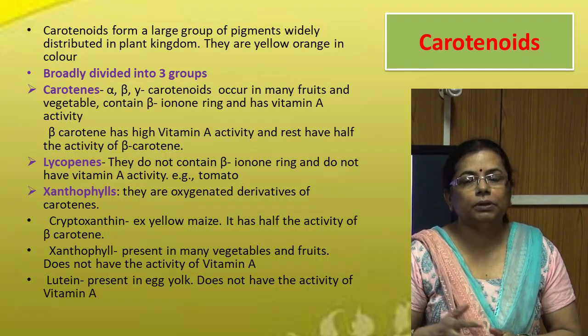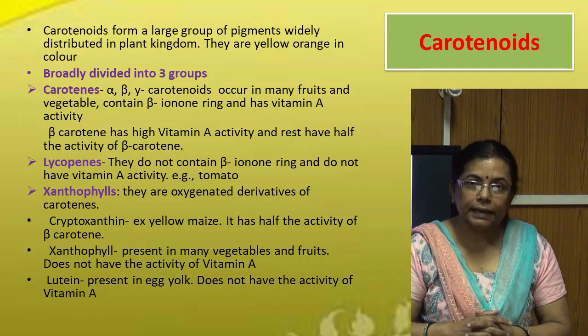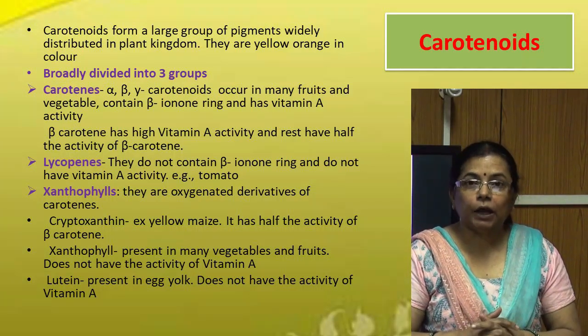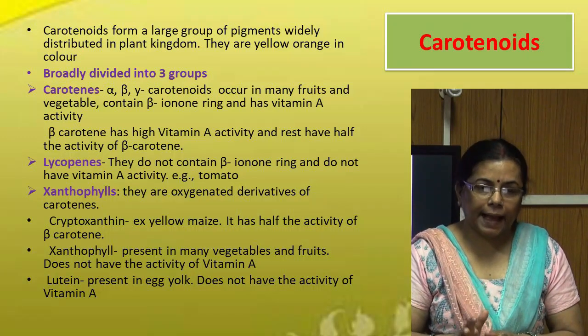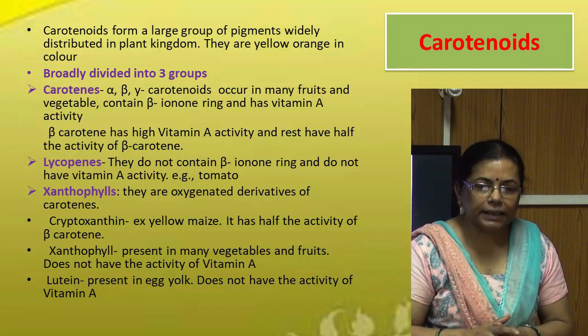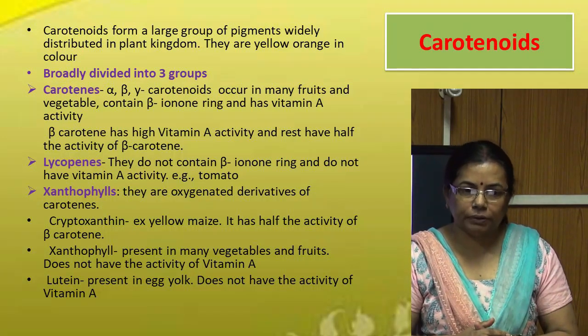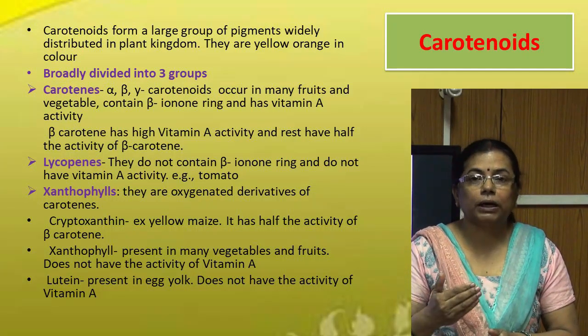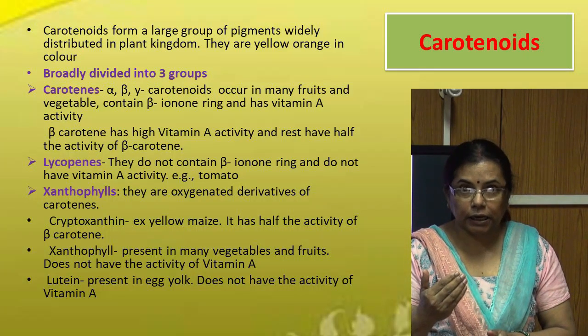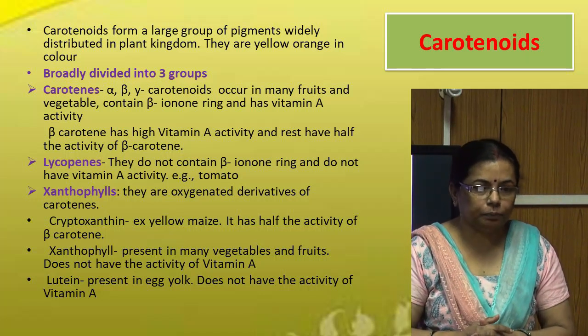The red color of the tomato is due to lycopene. Lycopene does not contain beta ionone ring. Therefore, it does not have vitamin A activity. Xanthophylls are oxygenated derivatives of the carotenes. Examples are cryptoxanthins. The color of the yellow corn is due to the cryptoxanthin.